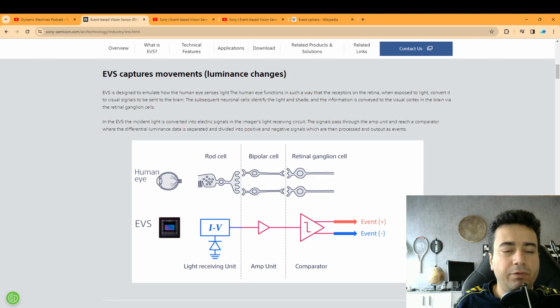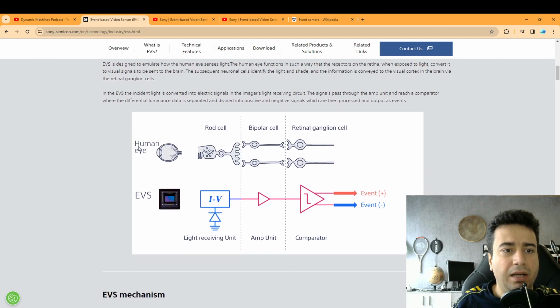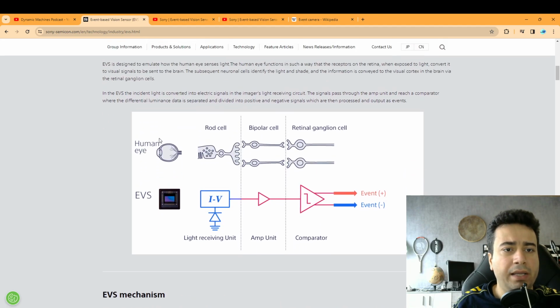Here, for example, you can see that our human eye has a rod cell, which gets the light inside, and then we have bipolar cells for the second stage, and then we have the retinal ganglion cell.